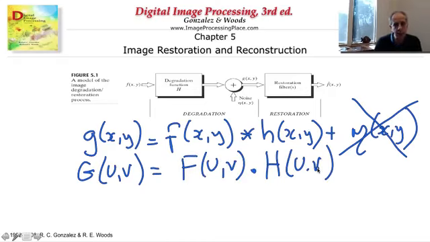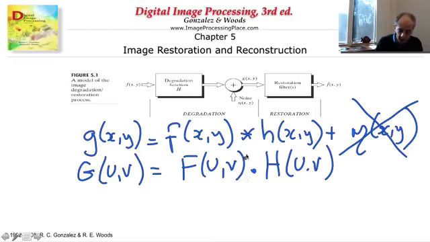For those that are familiar with Fourier transform, this is very clear. For those that are not, just bear with me for a moment. In Fourier, the convolution becomes a product. So we have transformed our image into a different domain where the convolution became a product.